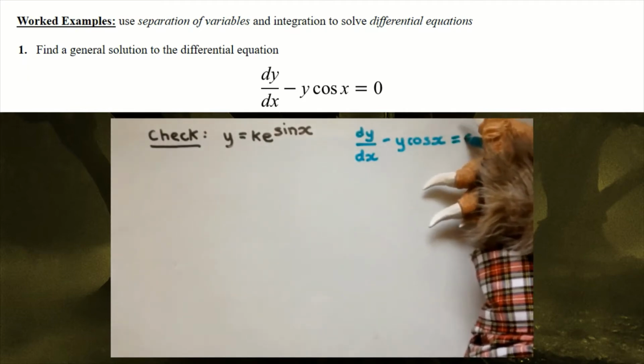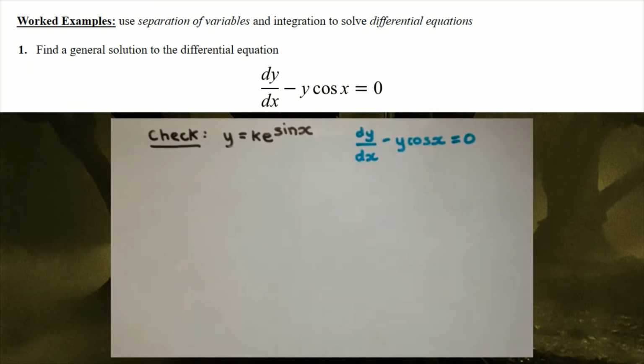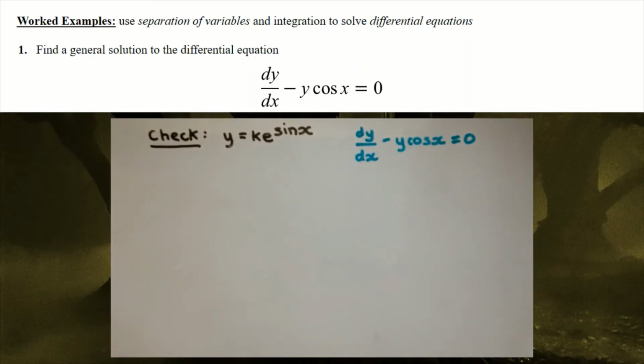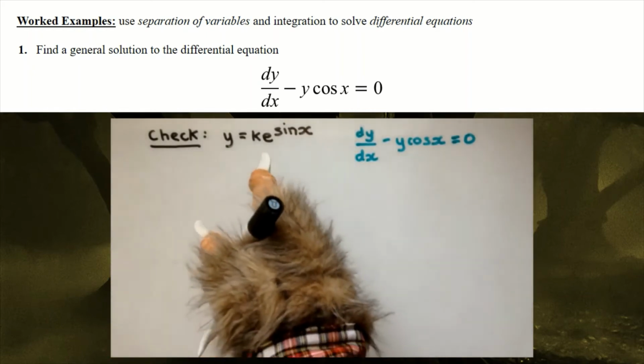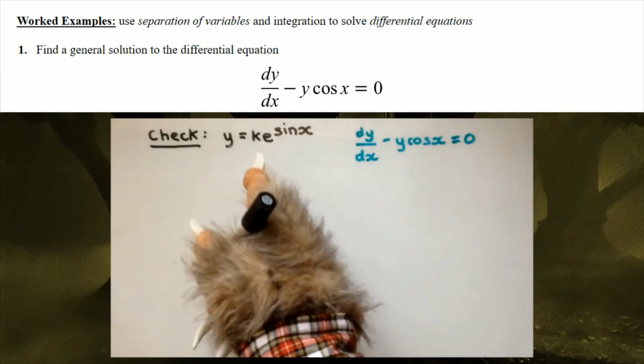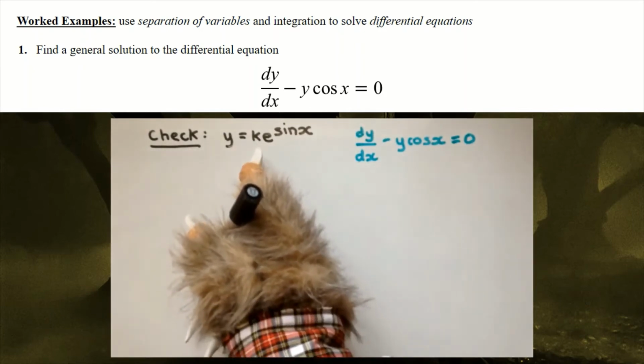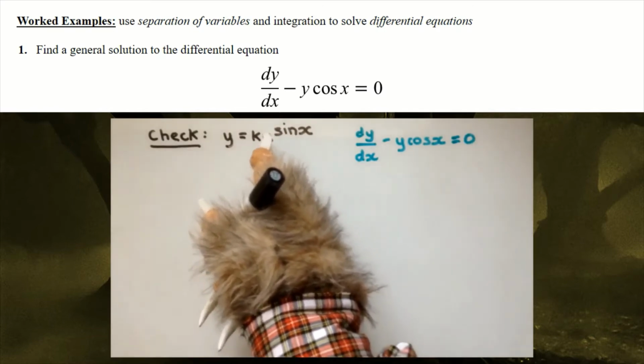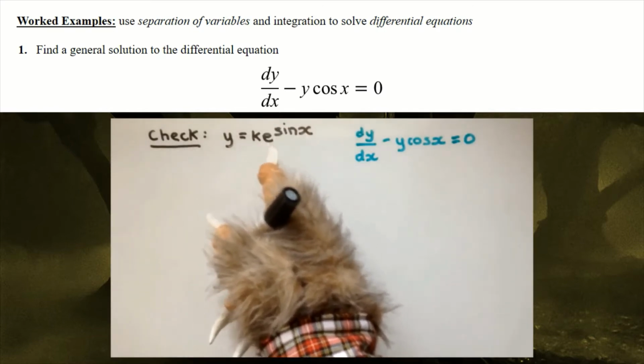And I want to do this because I want you to see that this does genuinely work. Now then, if we take the general solution and differentiate it, we should be able to set up this differential equation here using our solution. So let's look carefully. We have a rather complex looking function. Now this is a constant, so that's just going to remain at the front, but I have a chain rule situation here.